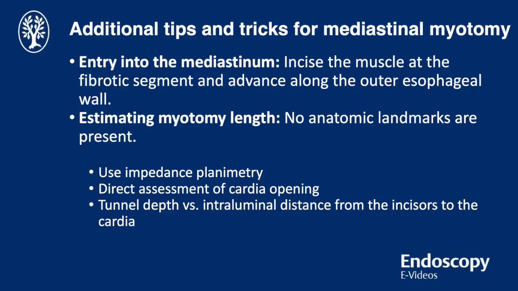The following strategies may help: intermittent impedance planimetry to measure cardia distensibility during the procedure, direct endoscopic assessment of cardia opening after completion of the myotomy, and comparison of the depth of advancement within the mediastinal tunnel with the corresponding intraluminal distance from the incisors to the cardia.